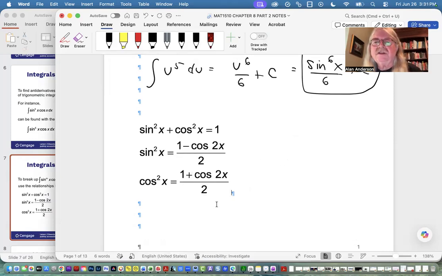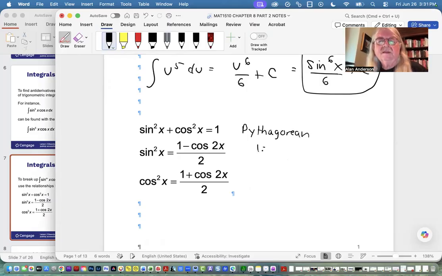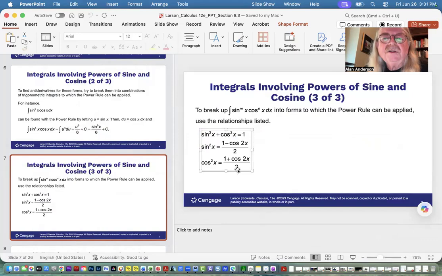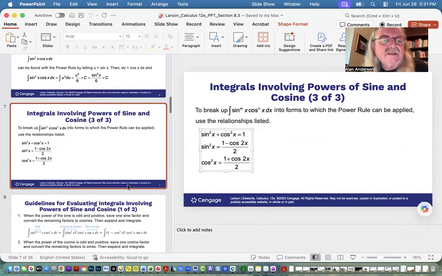The first one is one of the standard Pythagorean identities. There's actually three of them, but the second and the third are derived from this one anyway, so they're not really unique. With a little algebraic manipulation, you can prove that these are correct as well. We're going to end up needing to do some substitutions as we go along, and that's why these are here.